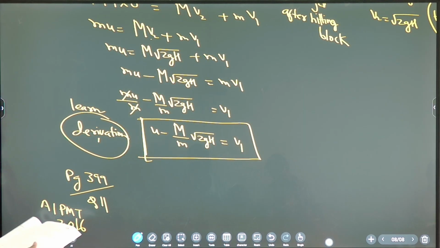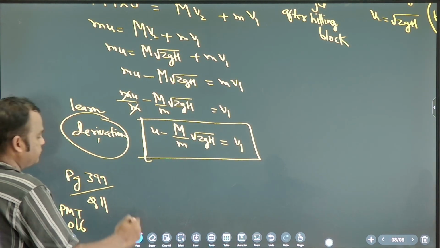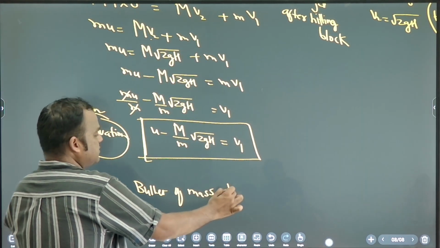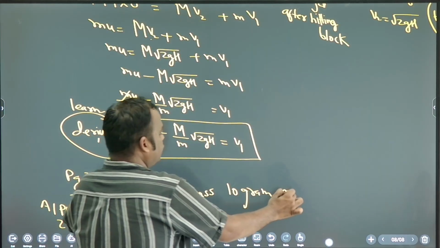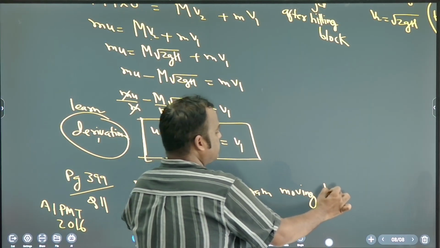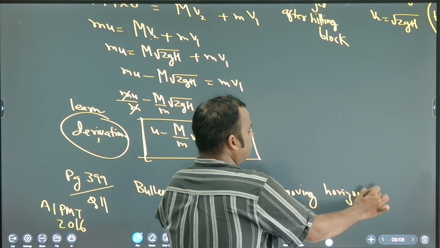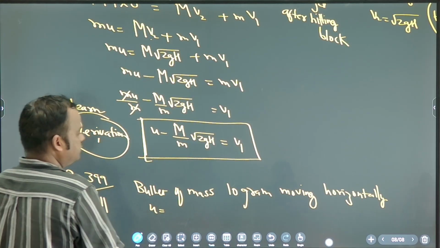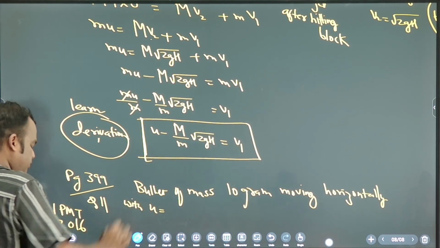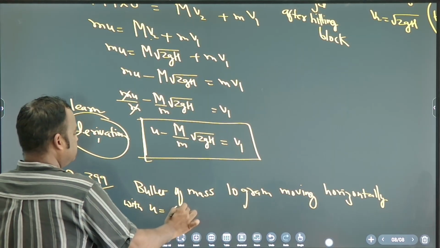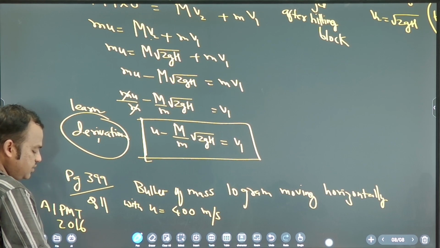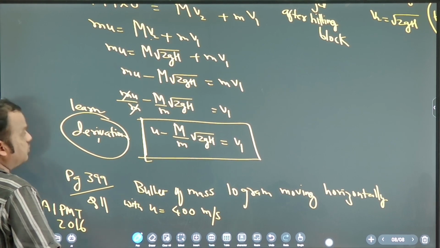Solve this question. So what is the question? A bullet of mass 10 gram moving horizontally with a speed of 400 meter per second strikes a wooden block.